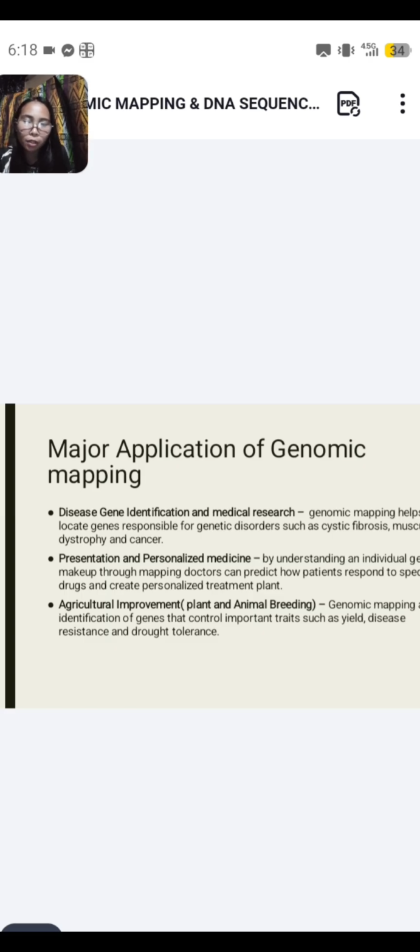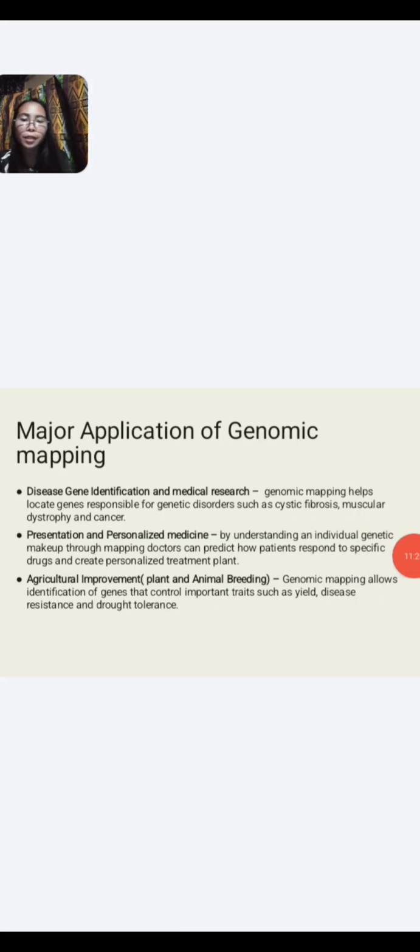So the major applications of genomic mapping. First is disease gene identification and medical research.